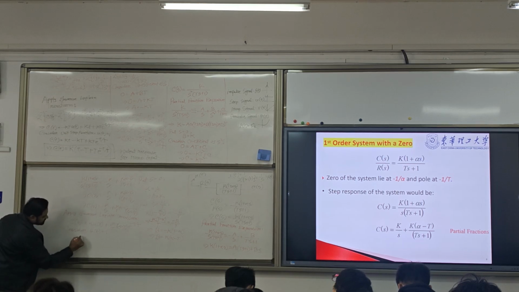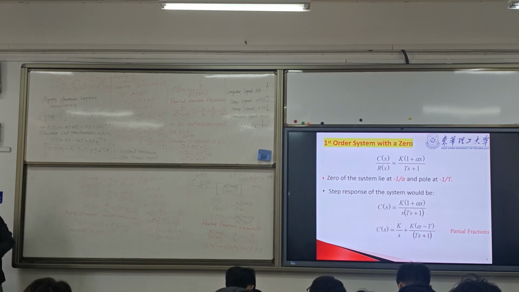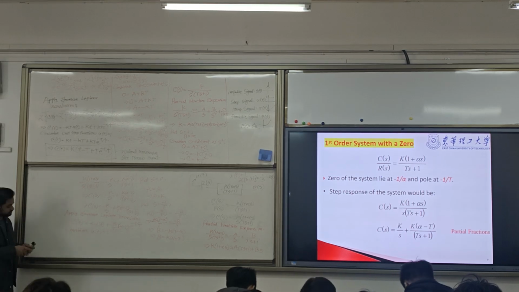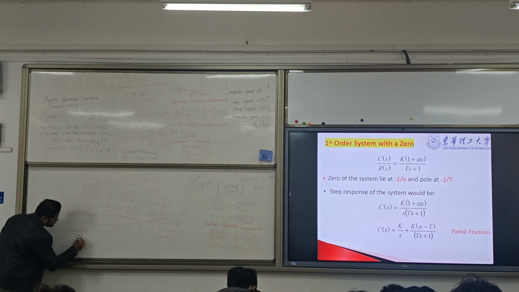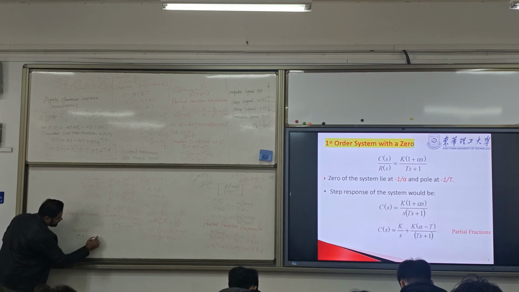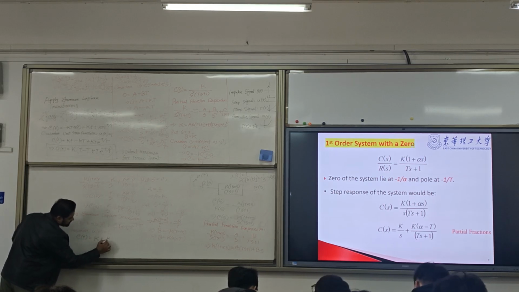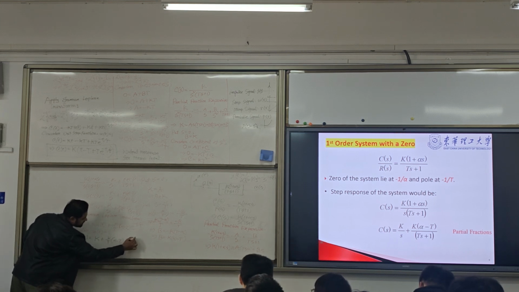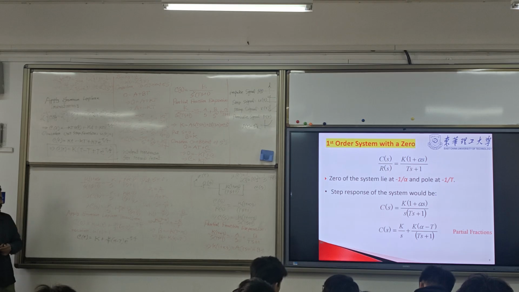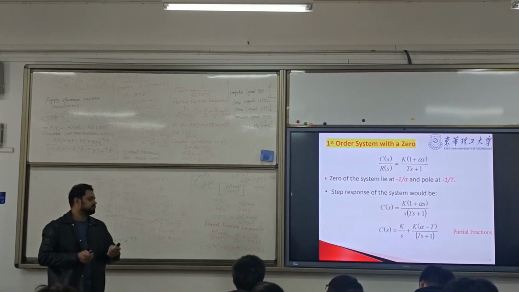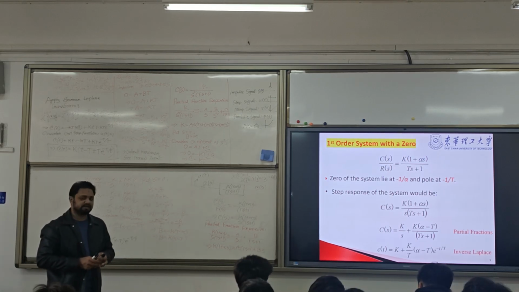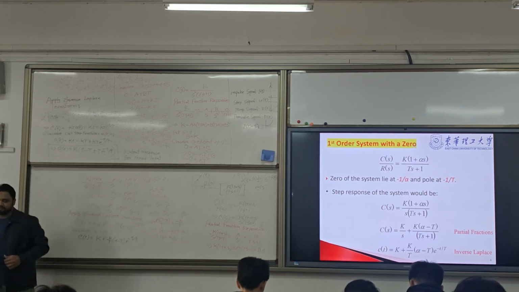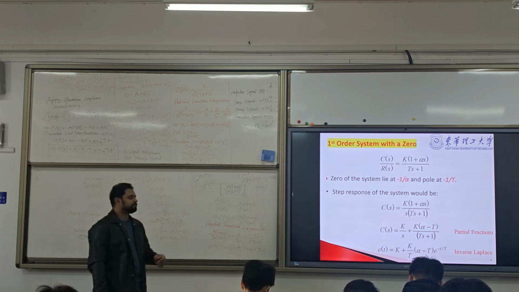So you will have C(t) is equal to K plus K by T, alpha minus T, e to the power minus t by T. So here we have K by T, alpha minus T, e to the power minus t by T. That's the output response.